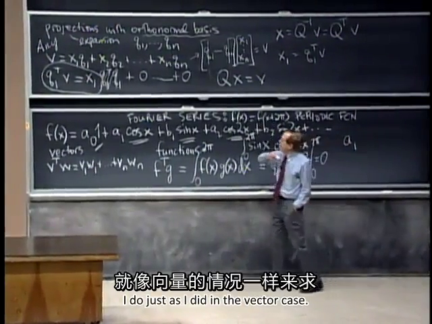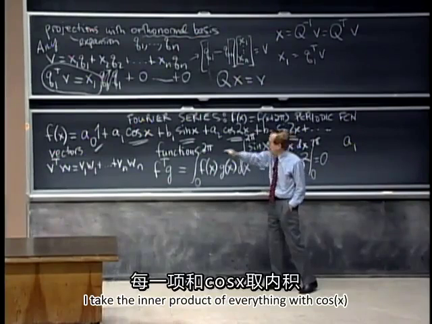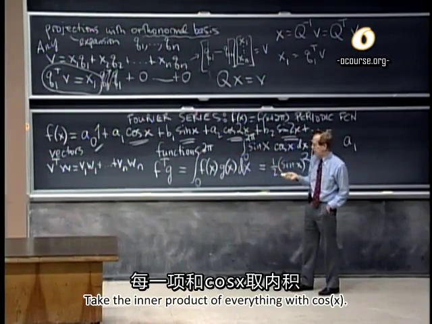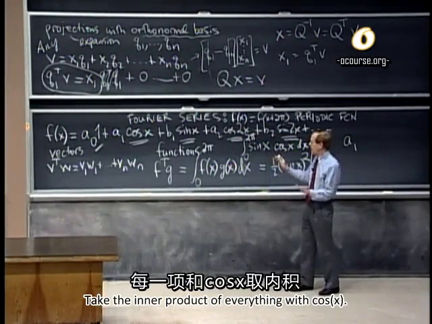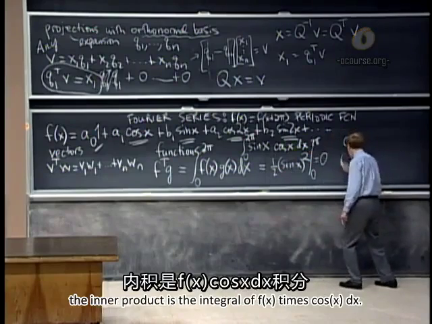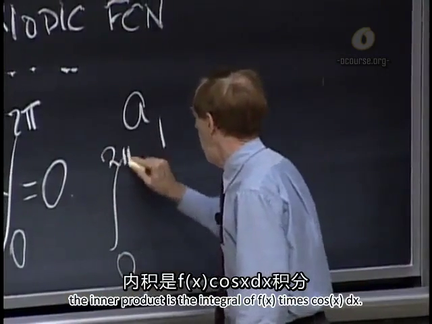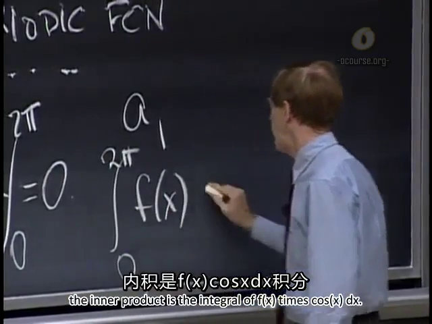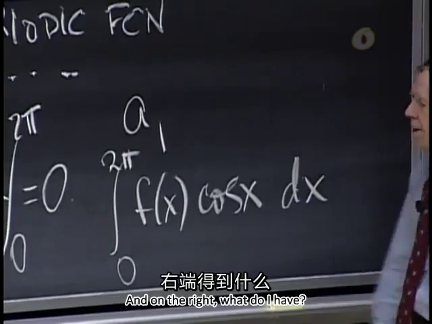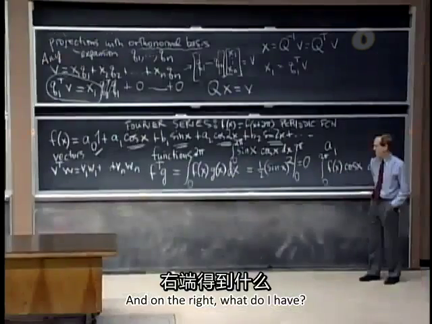OK. I do just as I did in the vector case. I take the inner product of everything with cos x. Then on the left, the inner product is the integral of f of x times cos x dx. And on the right, what do I have?